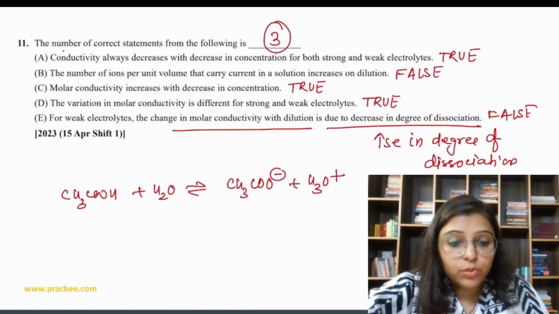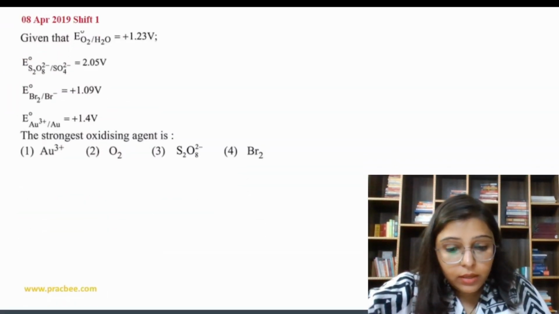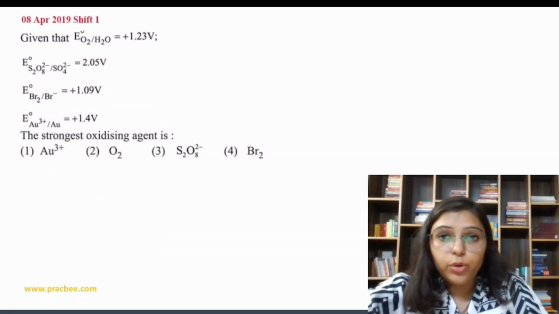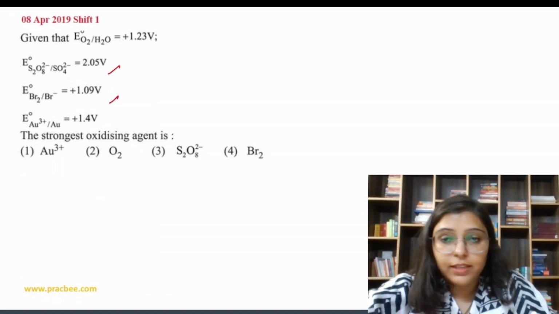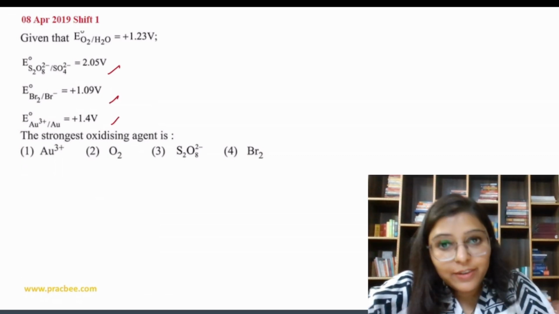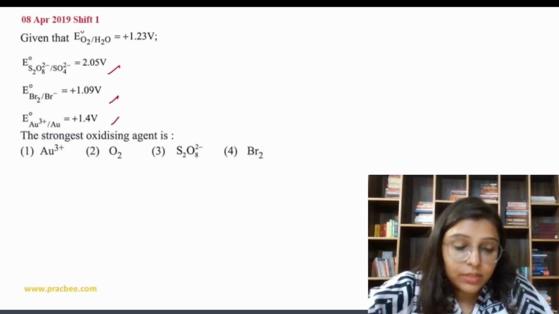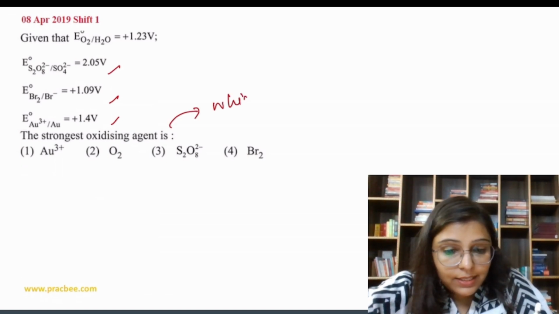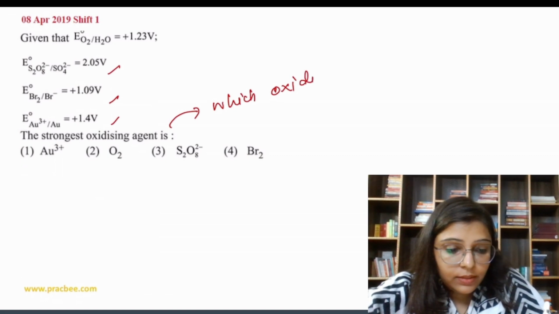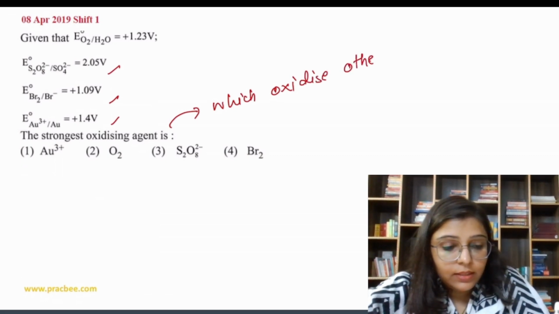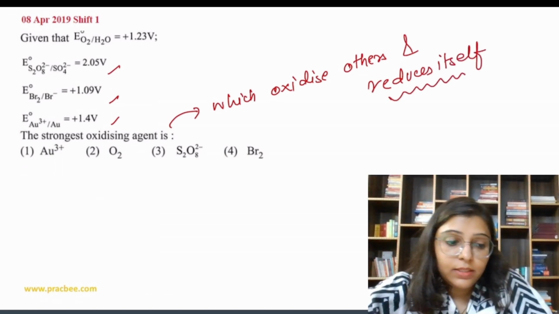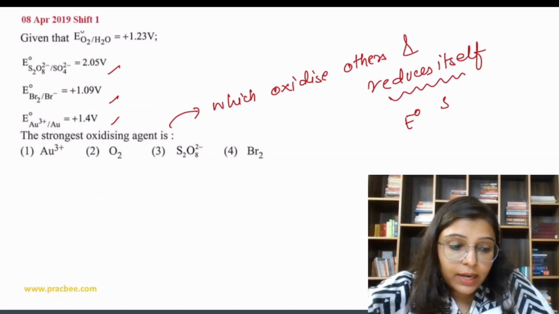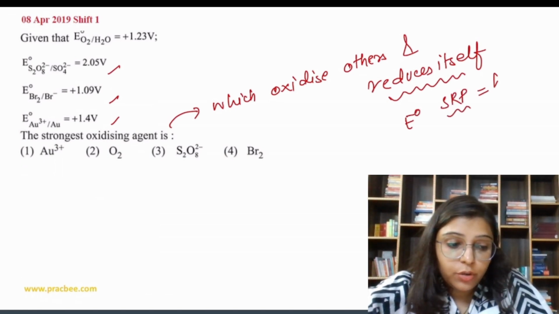Now let's do the next question. Given the E naught values for O2 and H2O, the strongest oxidizing agent is, what is an oxidizing agent? It oxidizes others and reduces itself. Reduces itself means E naught, or standard reduction potential, should be high.